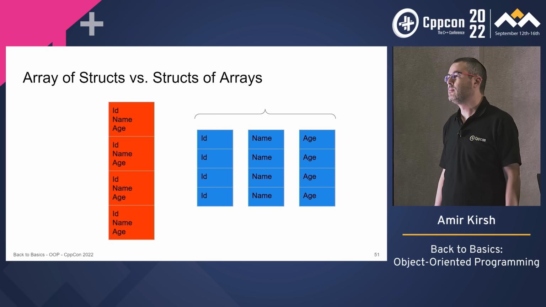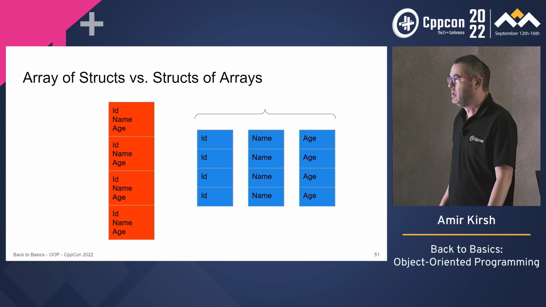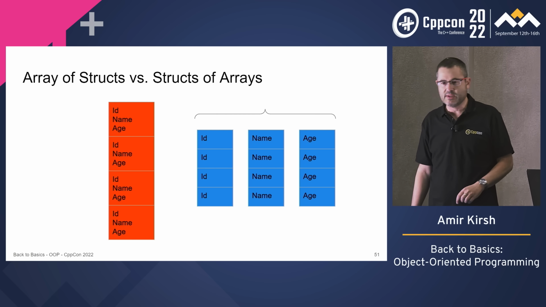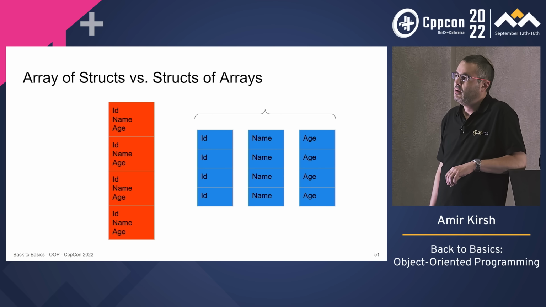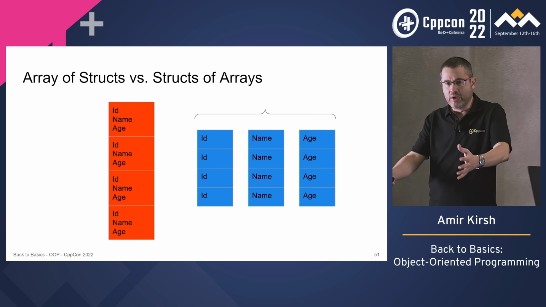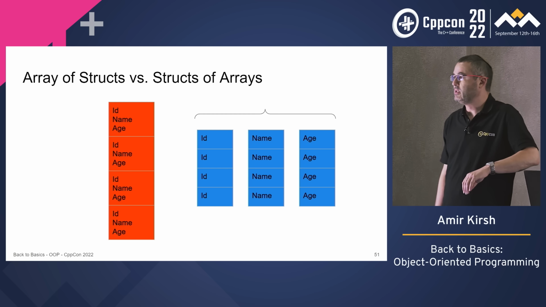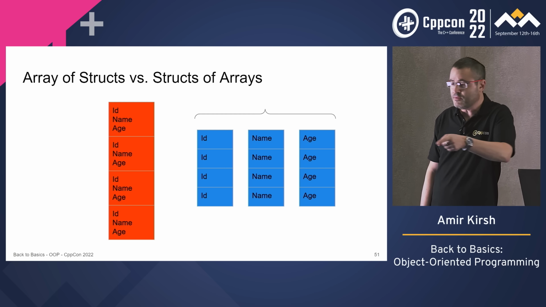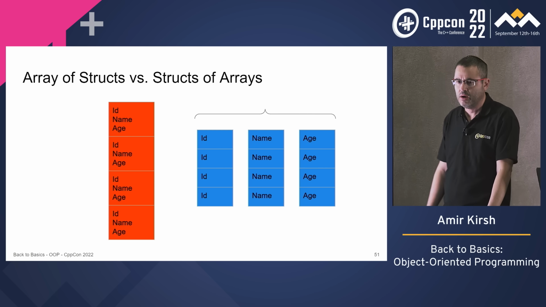And the reason is efficiency, performance. Suppose that I want to run on all names to do something, or on all ages. Memory locality: I have in memory the next data that I need, which is important. So in some cases, don't rush for that. Don't do it just because we heard that it is more efficient.